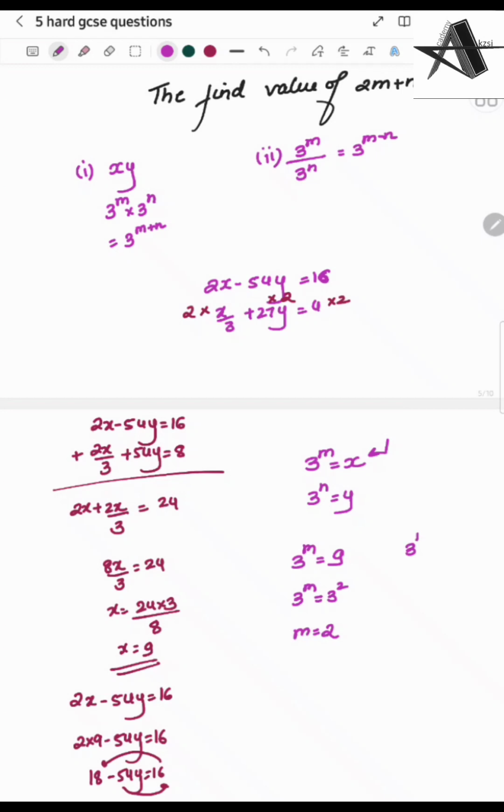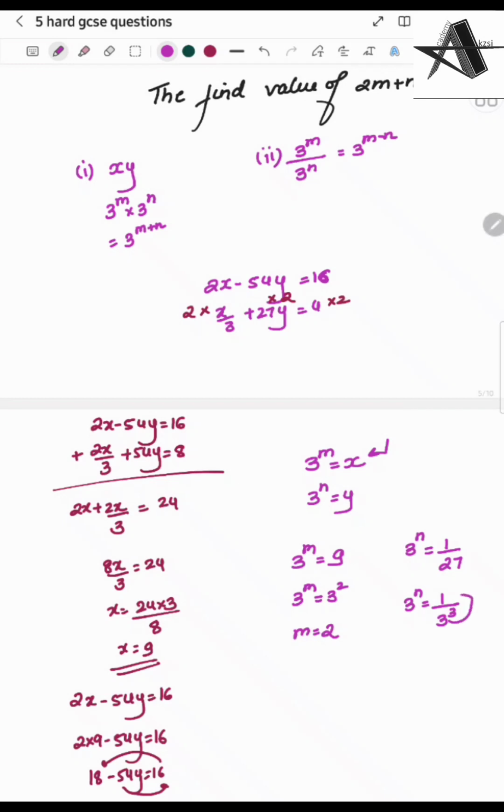Similarly, 3 to the power of n, and y is 1 over 27. 27 is 3 to the power of 3. So 3 to the power of n is equal to 1 over 3 to the power of 3. Whenever I move the numerator to the denominator or the denominator to the numerator, the power changes its sign.